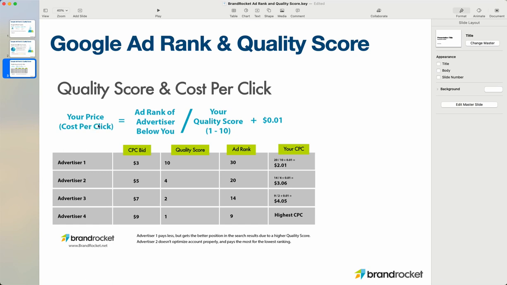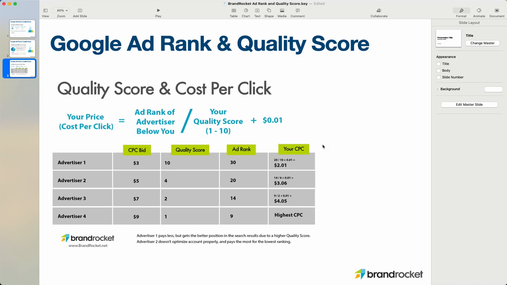The price that you pay per click is the ad rank of the advertiser below you in the search results divided by the quality score plus 1 penny. Okay, so that's how that works. So when you're setting your bids, you're not necessarily paying what you've set your bids to. It's really related to your quality score plus a penny, and of course the ad rank of the advertiser below you.